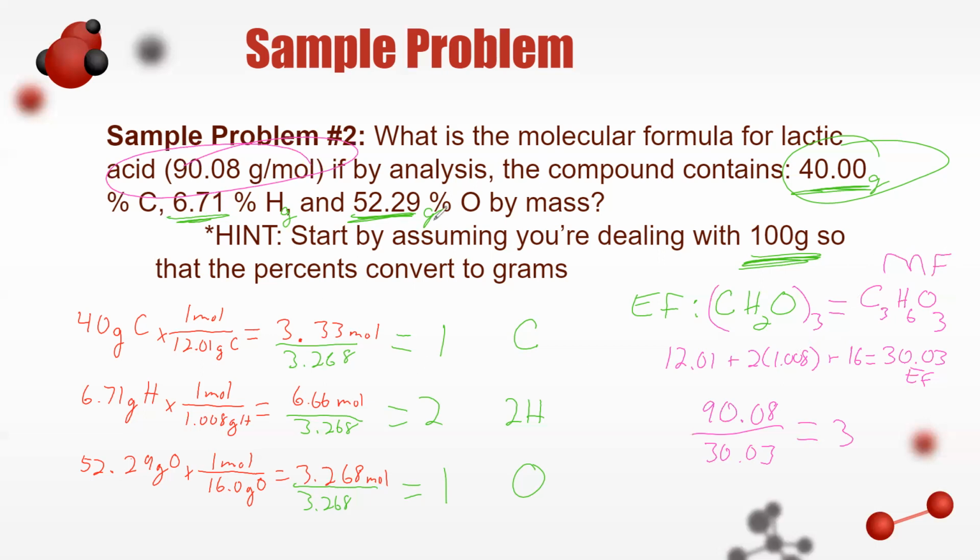So all that I did was I took a bunch of percent information, I converted from grams to moles, divided by my lowest molar amount, got my empirical formula, used my information about my molecular weight of lactic acid, and converted to my molecular formula.